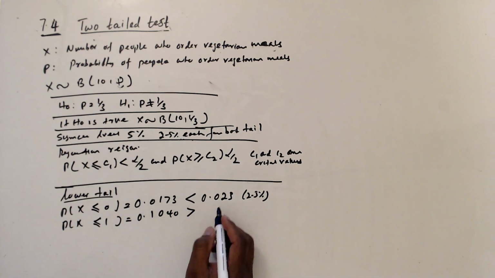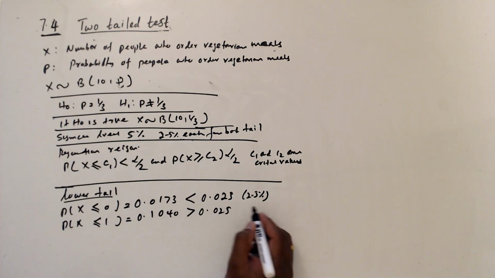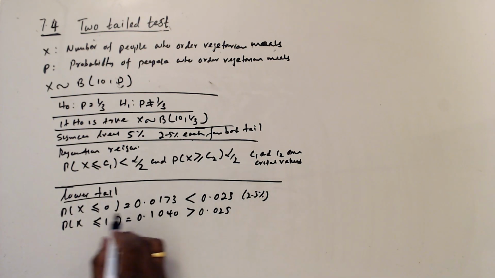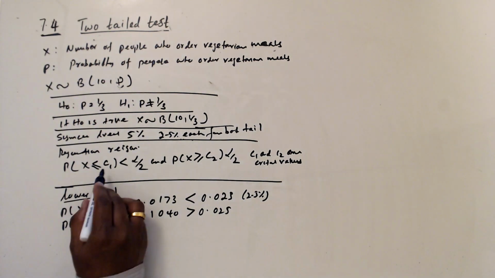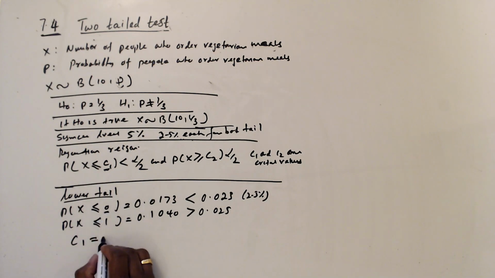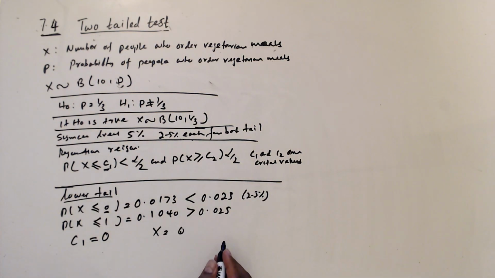That is greater than 0.025. So then we have to stay with this one. So this is the one only applicable. So C1, the critical point, is now going to be 0. So critical region is also X equals 0. So this is for lower tail.